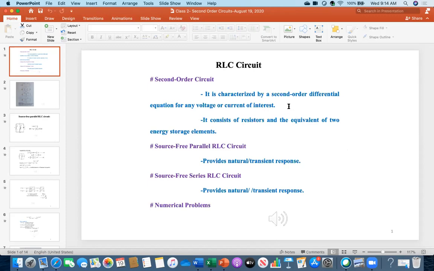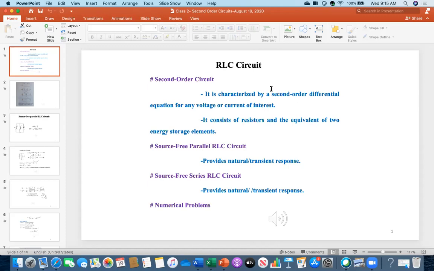This is chapter 9 from the book that we are following. The title is RLC circuit: resistance, inductance, and capacitance based circuit. In the DC circuit course, you all have studied RL and RC circuits, basically the transient. When the circuit has only R and L, or only R and C, that represents a first order circuit because it involves a first order differential equation.